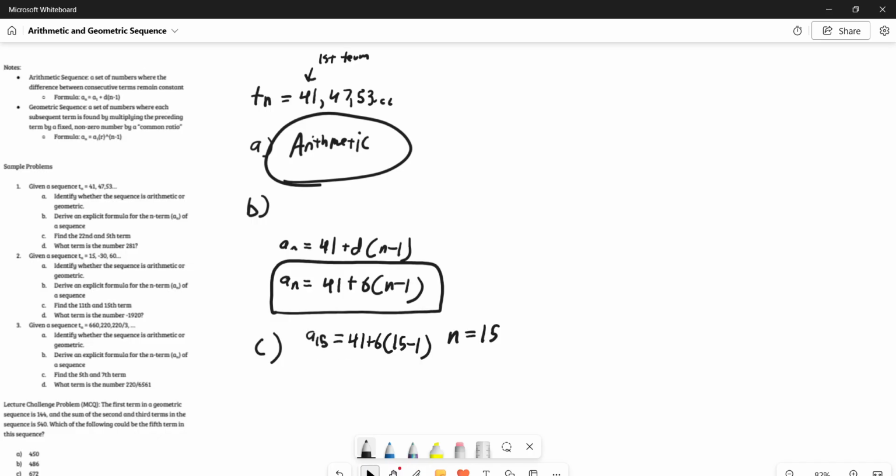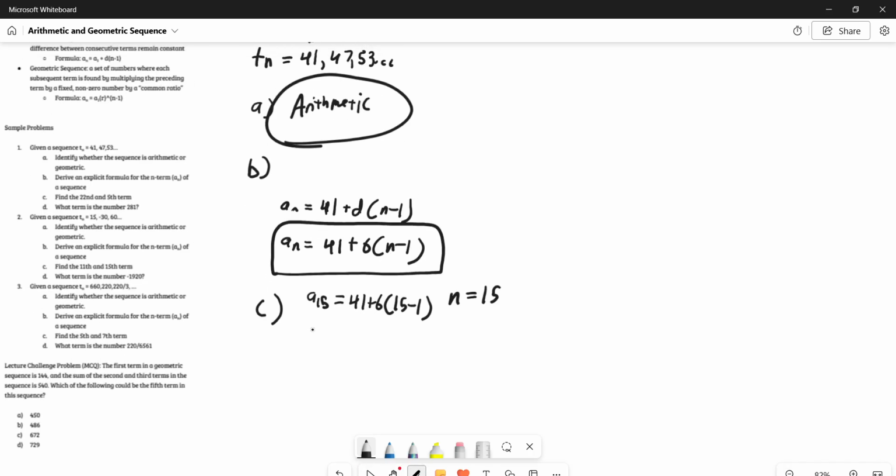So now we have to compute this value. 41 plus 6 times quantity 15 minus 1. So if we look here, 41 plus 6 times 14 is 41 plus 14 times 6. I think that's going to be 84. Yeah. And the answer is going to be 125.